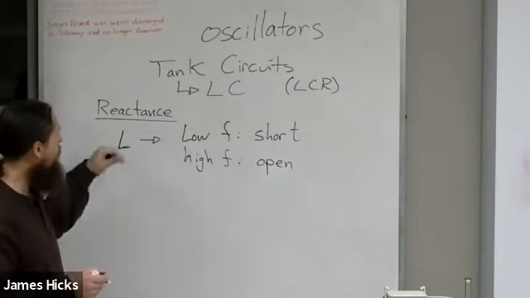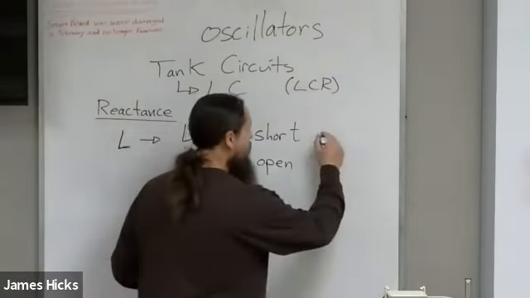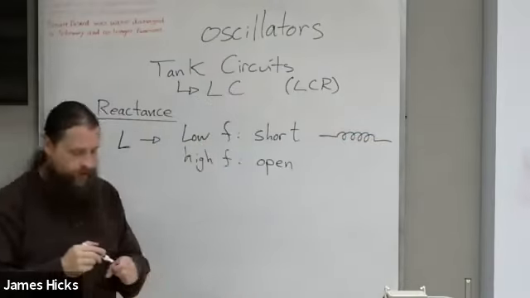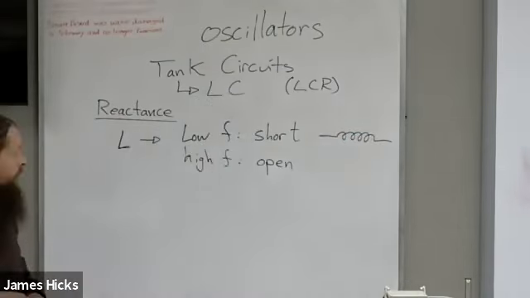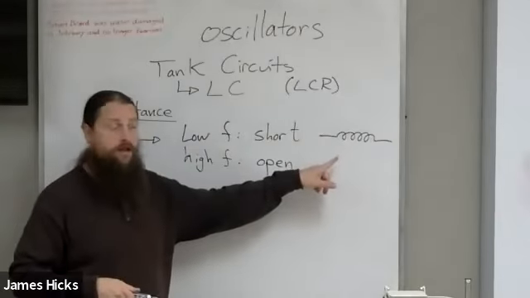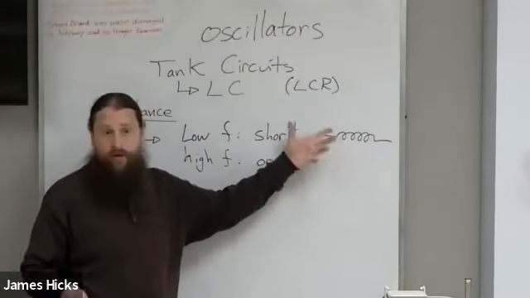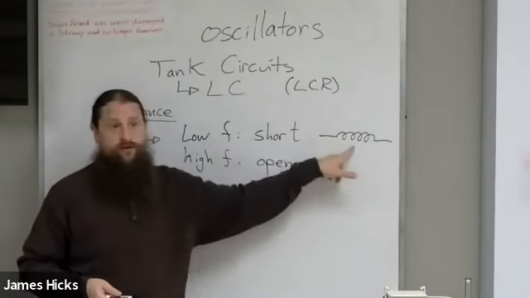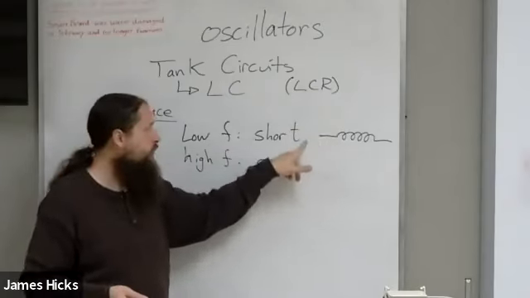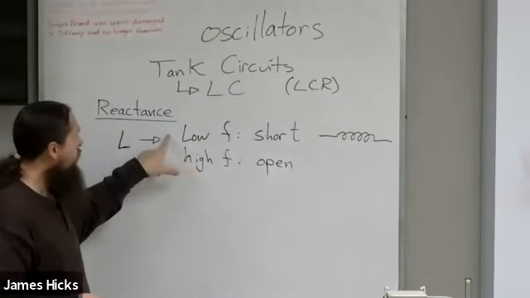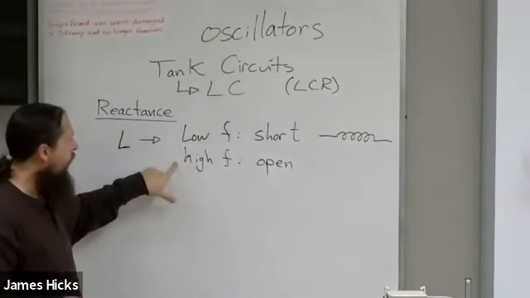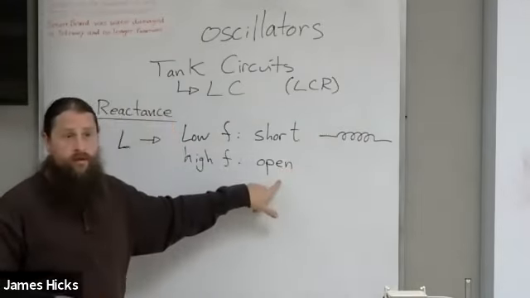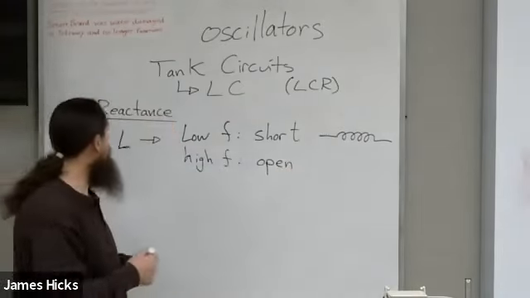Remember the inductance symbol? Looks like a coil of wire. That's what it is, and it's a piece of wire. So for low frequencies, this just looks like a piece of wire. It's going to have really low resistance. If you're at high frequencies, the inductor is going to have a high resistance.